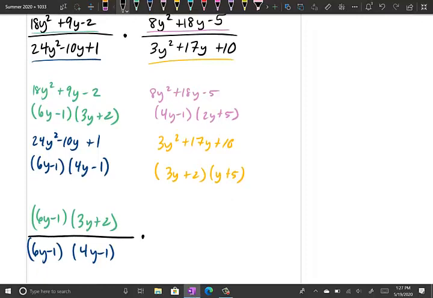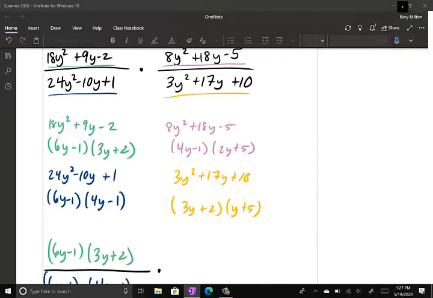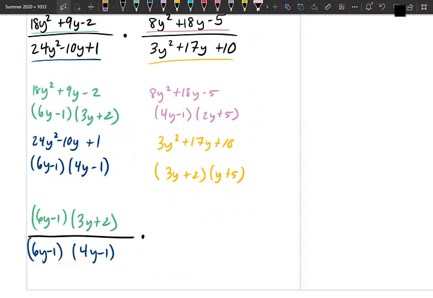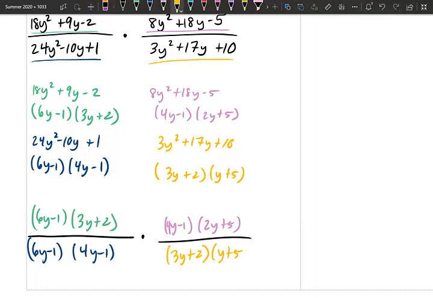And that's times 4y minus 1 and 2y plus 5, and that's over 3y plus 2, y plus 5.